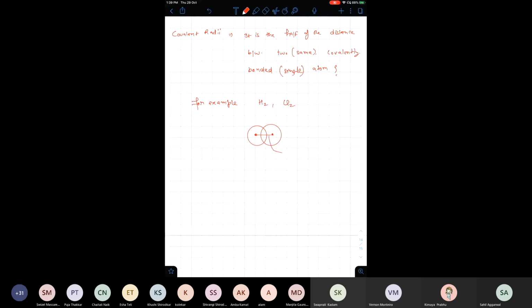If this distance is d, then covalent radii of Cl will be d by 2. Understood? अगर ये डिस्टेंस d है तो कोवेलेंट रेडियस हो जाएगा हाफ.